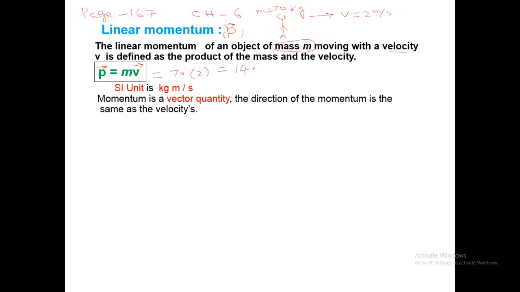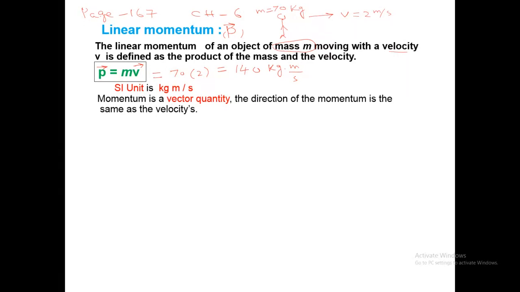You would get 140. What is the unit for the mass? Kg. And what is the unit for velocity? Meter per second. So kg meter per second is its unit.